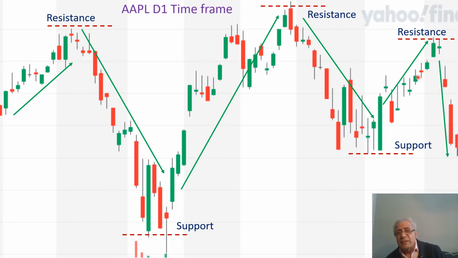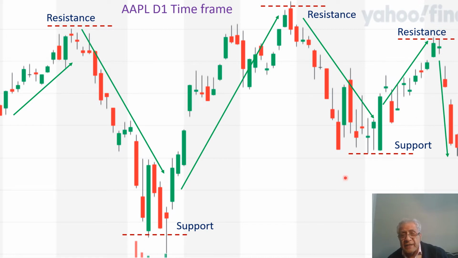That by itself means this uptrend is almost coming to an end, and with this shooting star you are certain that the trend is going downward. So again, you can exit the market at the low of this. You can enter the market here, and then you put your stop loss 2 ATR above this.